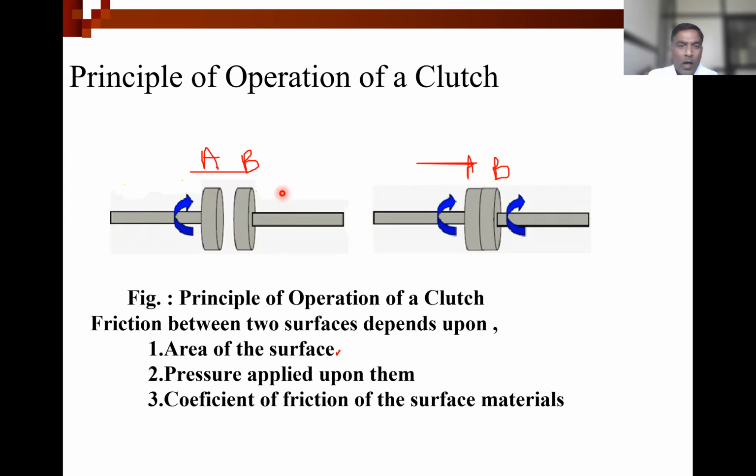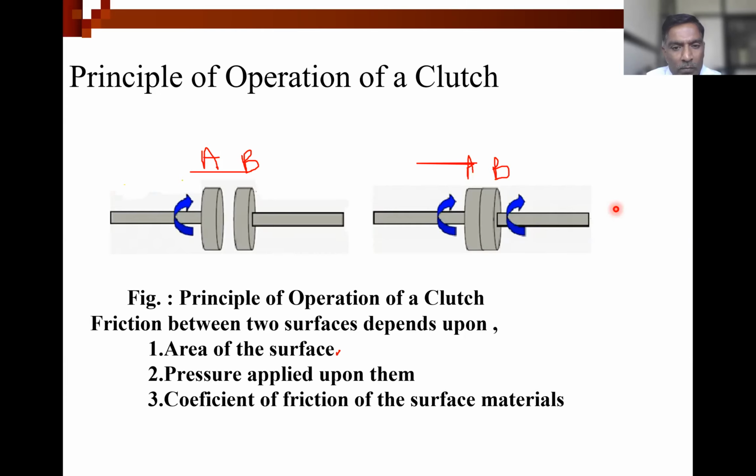So when this A rotates, and if this B is in contact with this A, then both will rotate in the same direction, and now power is transmitted from this side to this side. So this is the principle of operation of the clutch.